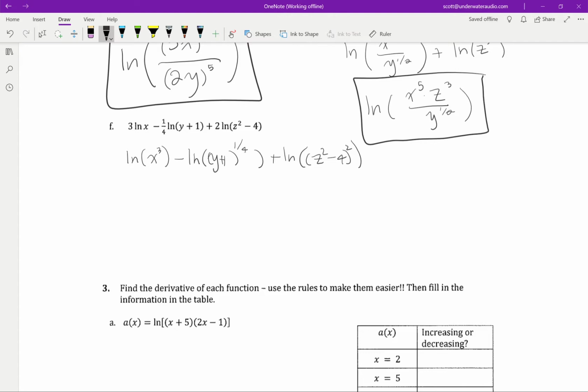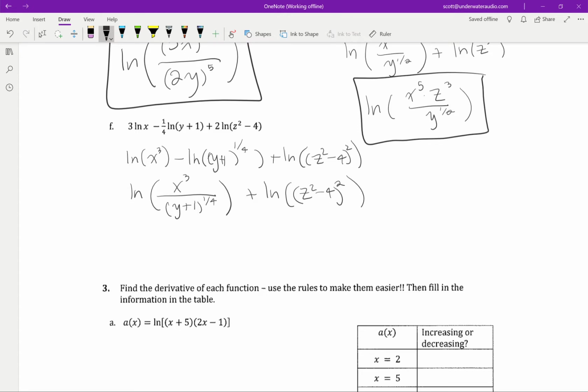And then subtraction, like I have here, I can combine by division inside the natural log. So x cubed divided by y plus 1 to the 1/4. And then plus the natural log of z squared minus 4, all of that squared.